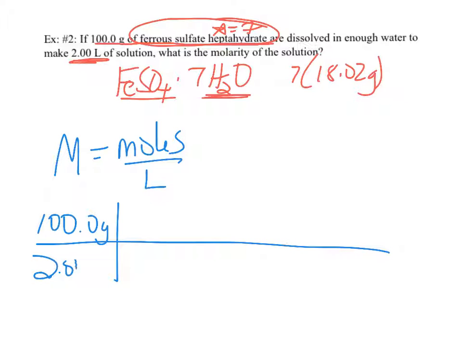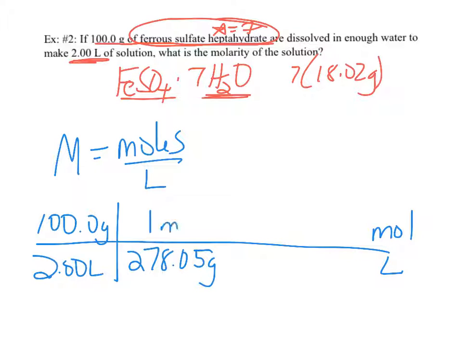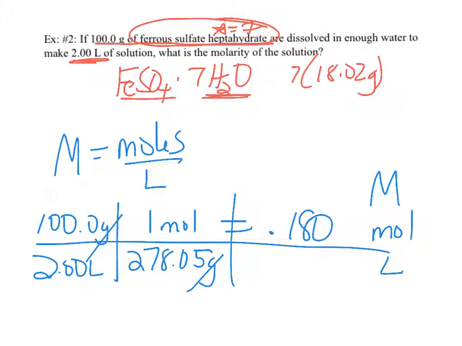I don't need to do anything with the liters because it's already in liters, but I need to do the full molar mass, which is 278.05 grams in 1 mole. That gives me my units of moles per liter, and when I do the math, I get 0.180 moles per liter, or you could label this as big M, either's fine, but you need to know that these are the units.